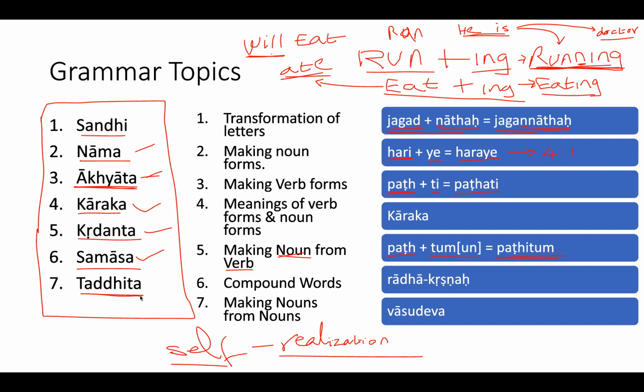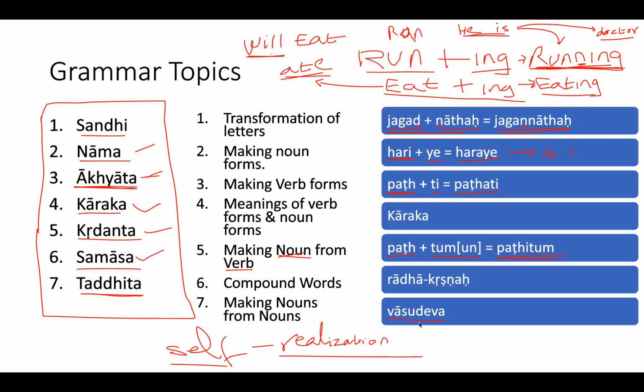Taddhita, making a noun from a noun. For example, you have the word Vasudeva. It is actually derived from Vasudeva. So Vasudeva's son is Vaasudeva, that is Krishna. So you take one word and then you modify it to derive another noun.